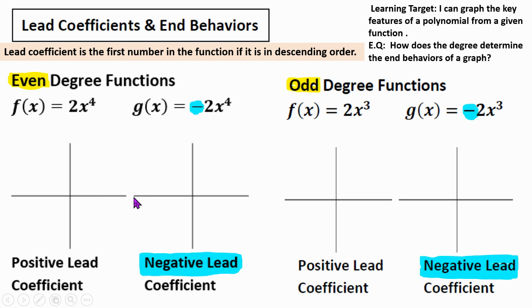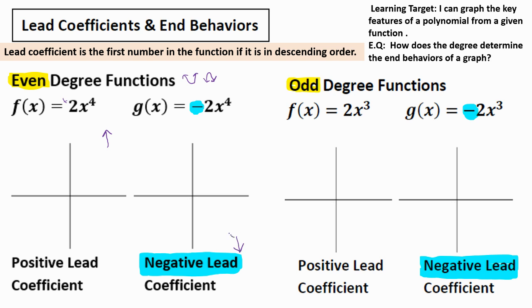All right, if we have an even degree, we know that both ends are going to go in the same direction. Even means that the arrows are pointing either both up or both down. And here's how you know: it depends on whether the leading coefficient is positive. If it's a positive leading coefficient, it's going to end positive. If it is a negative leading coefficient, it's going to end pointed in a negative direction.